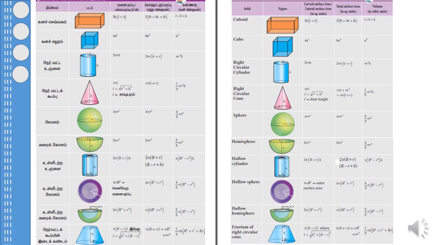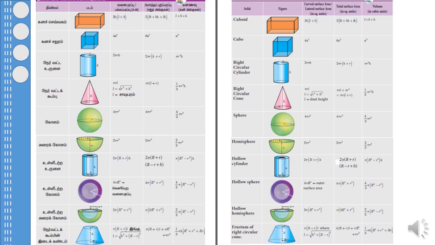As we listed here, I think we have listed 10 shapes that we call geometrical figures. So we should be much familiar with these formulas. Then it will be much easier to solve any problem given under this topic.